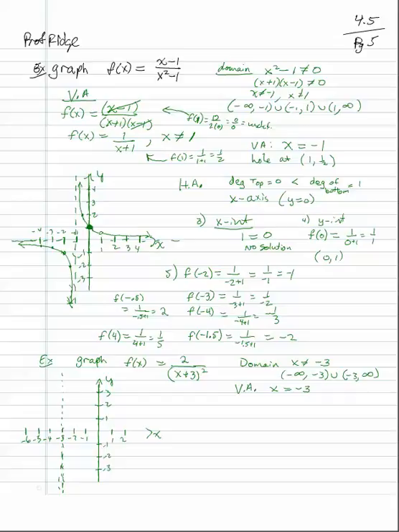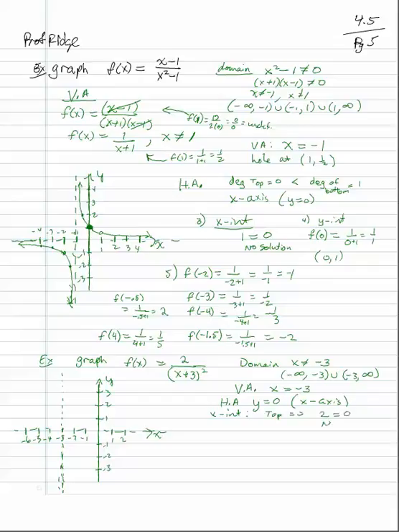Now horizontal asymptote: the degree at top is smaller than the bottom, so that's going to be y equals 0, or the x-axis, however you want to think of that. And then we're going to look for any x-intercepts. That's where the top equals 0. So we're going to go 2 equals 0.